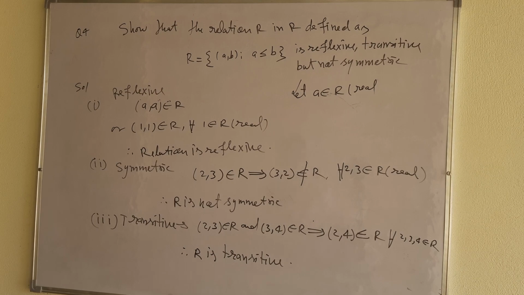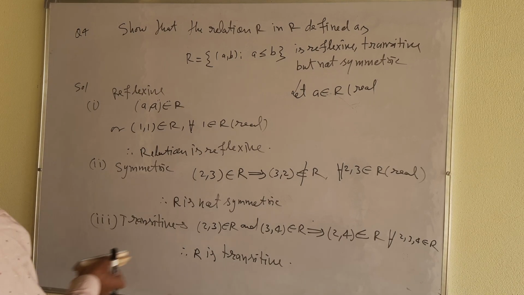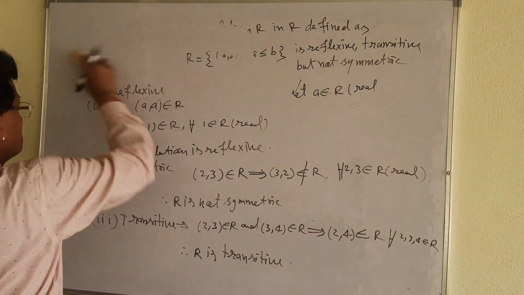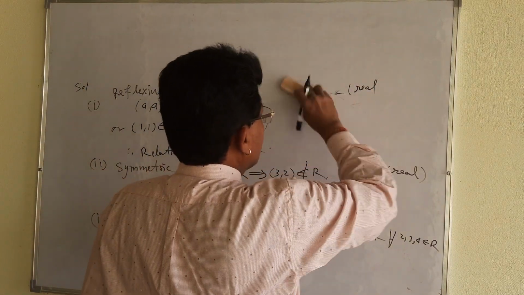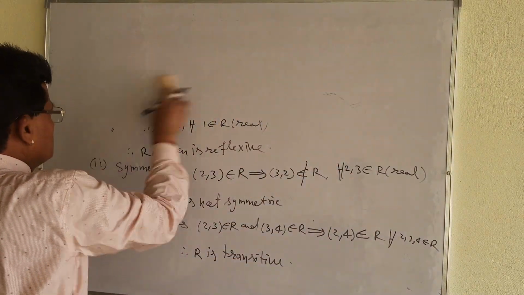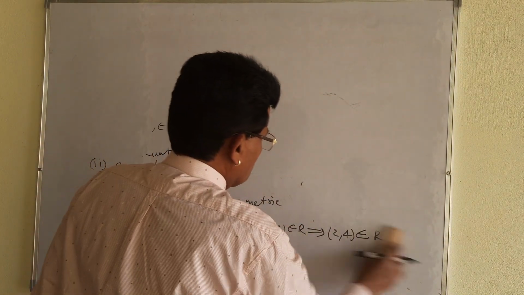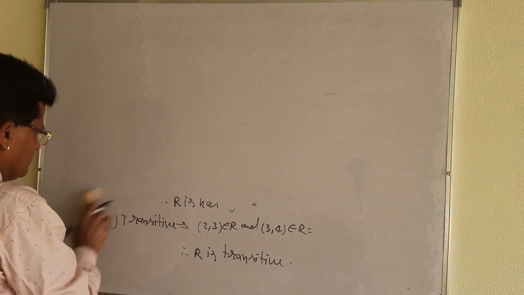Okay, and question number 5 I am taking, because a similar kind of question is there, that is why I am taking question number 5 also. It is also a similar kind of question.